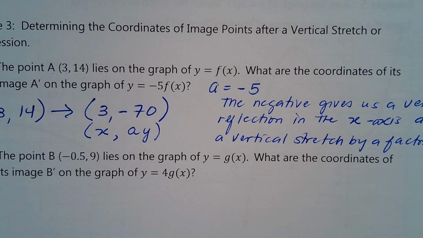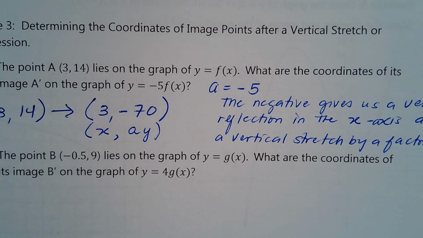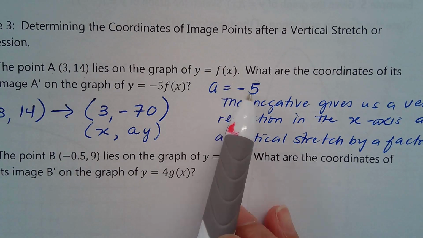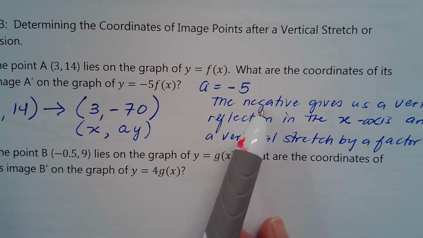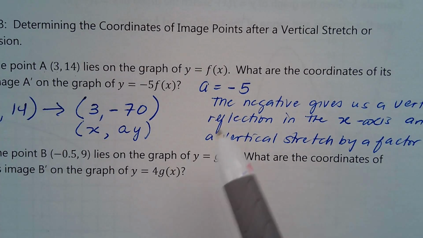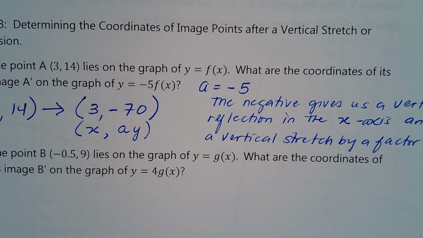Yeah. Not a subtract. Multiply. Yeah. Multiplying by a factor of, right? So timesing it by -5. So the -5 tells us it's going to go down, and then it's vertically stretched by a factor of 5. So putting it together, our a value is -5. Okay?